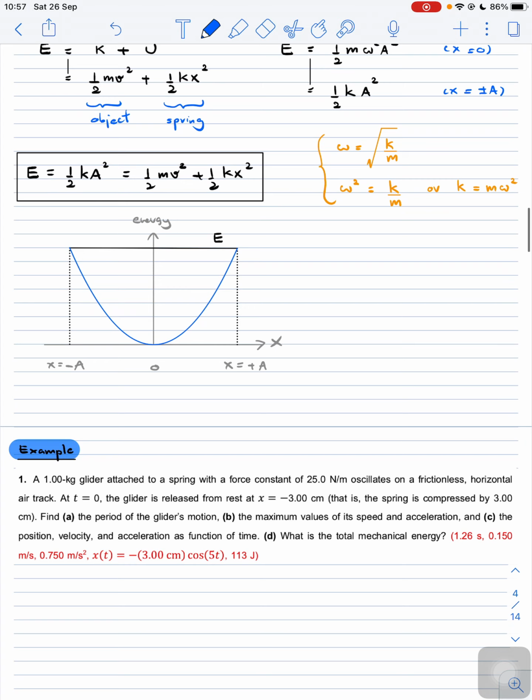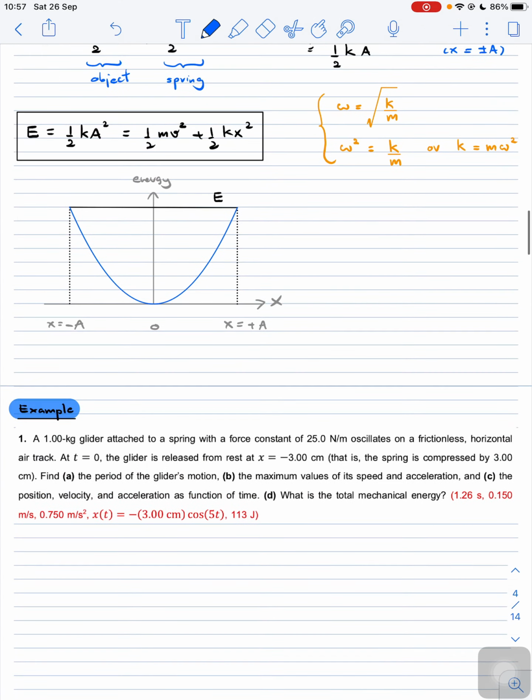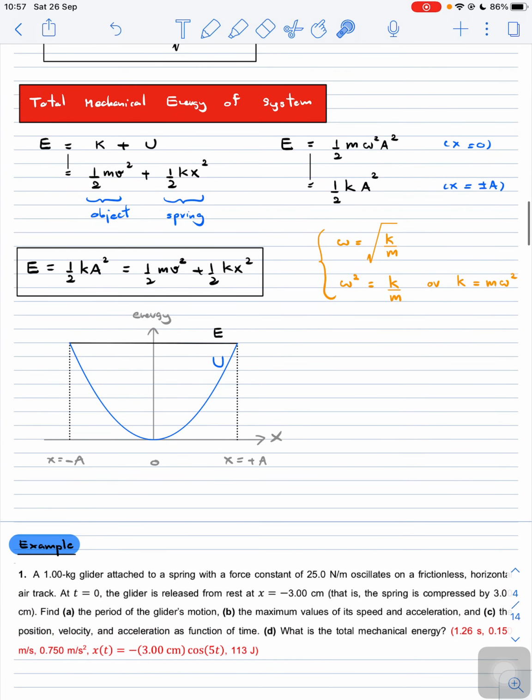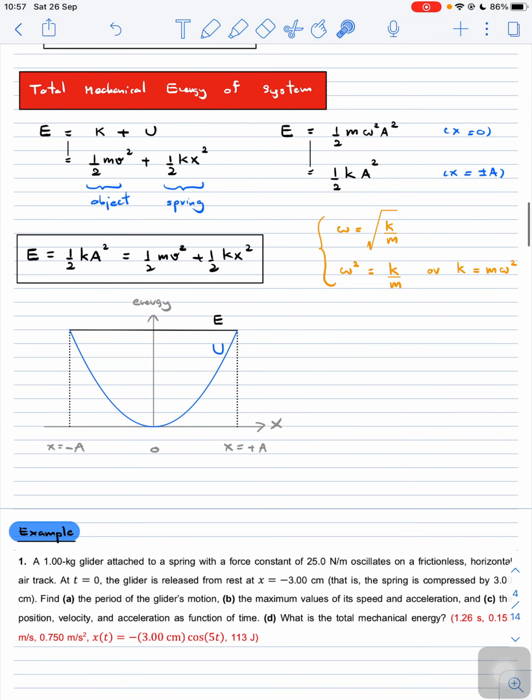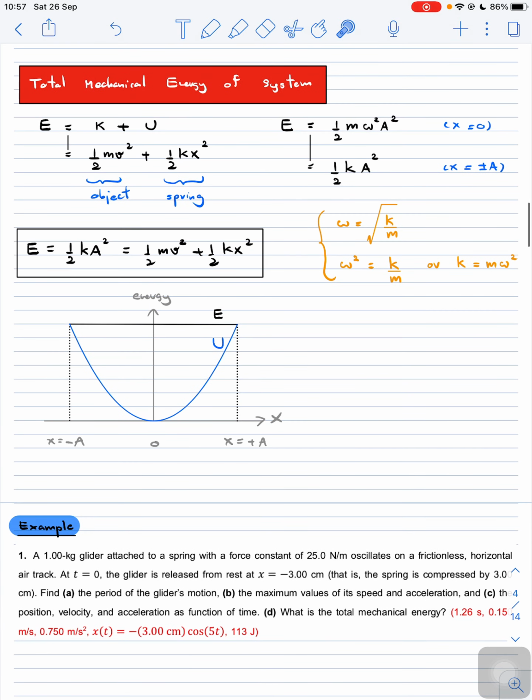So this can be the graph of, I use the symbol u, the graph of u here.